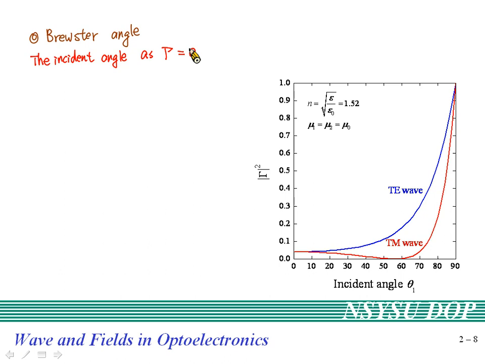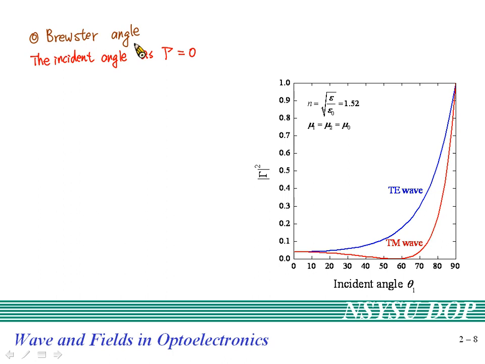So if at some incident angle you will have no reflection, then such an angle is the so-called Brewster angle. And as I have mentioned, for TE wave, there is no situation where gamma is 0. So for TE wave, there is no Brewster angle.